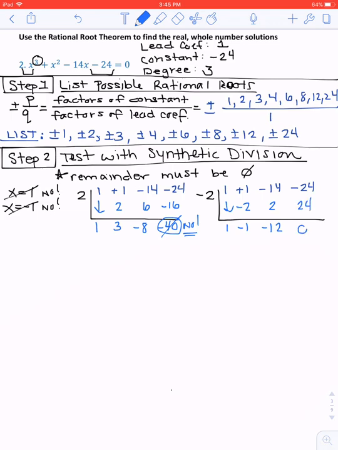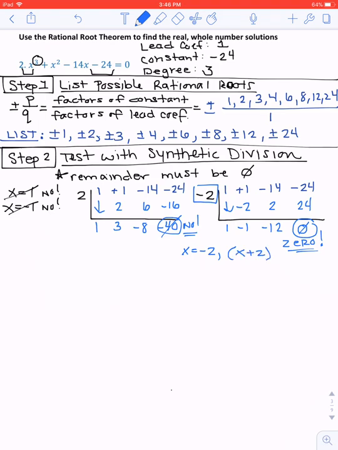What do you end in? 0. Woo! And you celebrate because you found one. So, this is our x value. When x equals negative 2, what factor do you have?